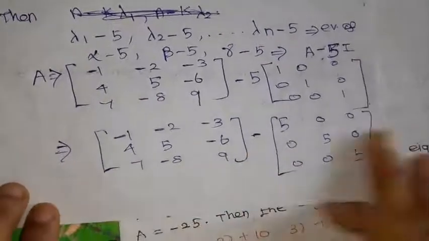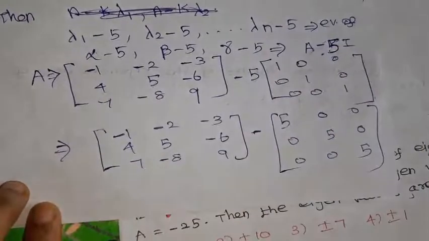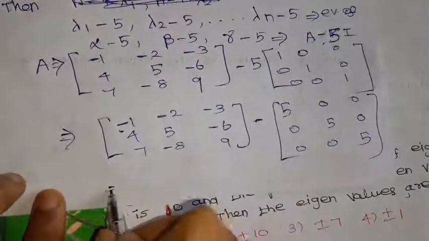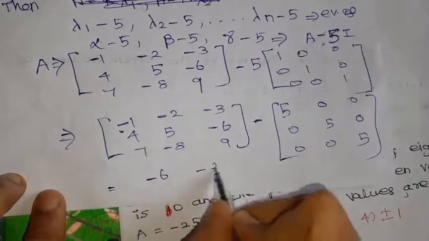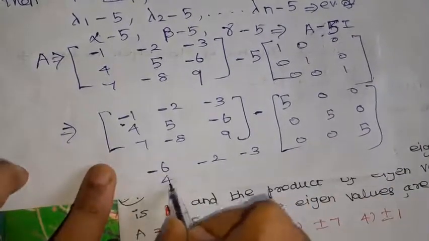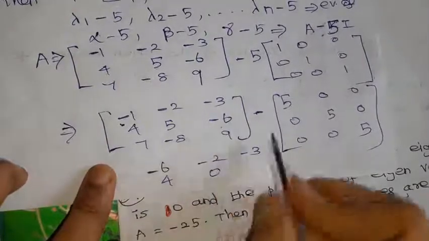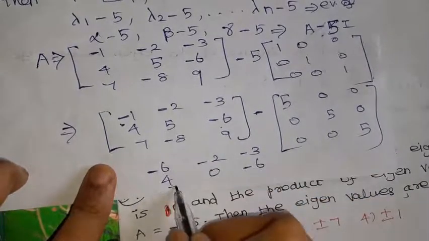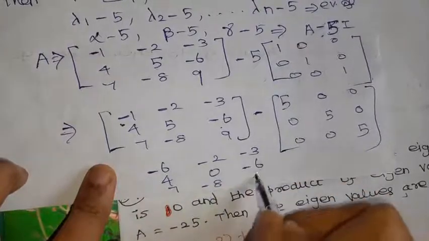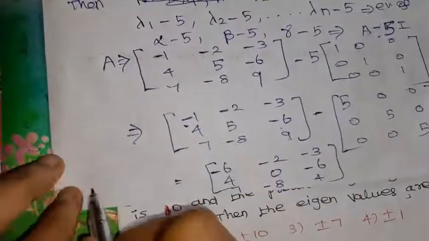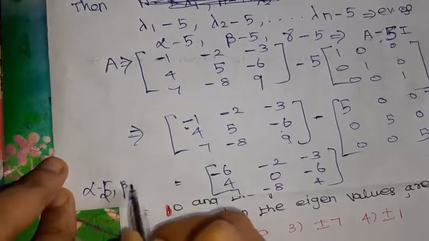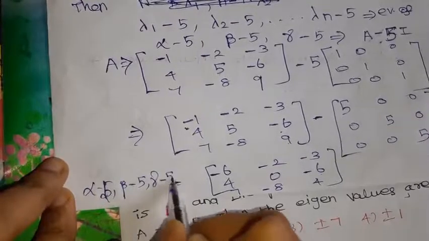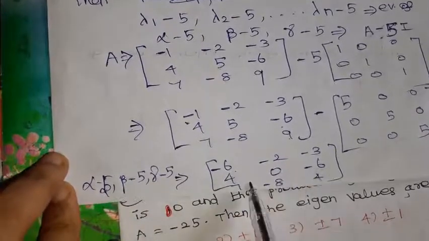It's just matrix subtraction. Minus 1 minus 5 gives minus 6. The rest of the terms are the same: 4, 5 minus 5 is 0, minus 6, then 7, minus 8, 9 minus 5 is 4. This is the matrix with eigenvalues alpha minus 5, beta minus 5, gamma minus 5.